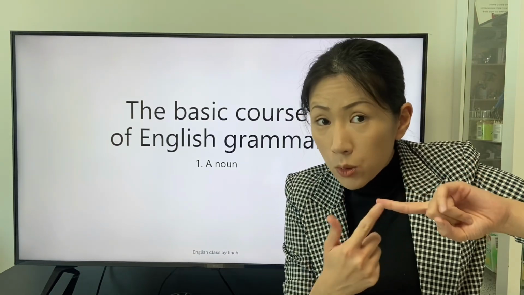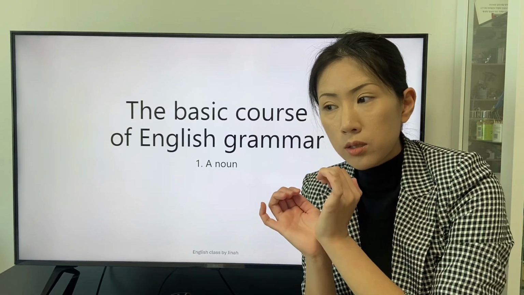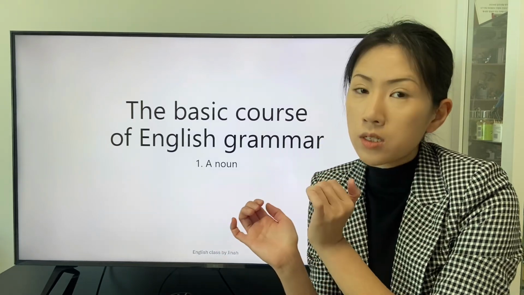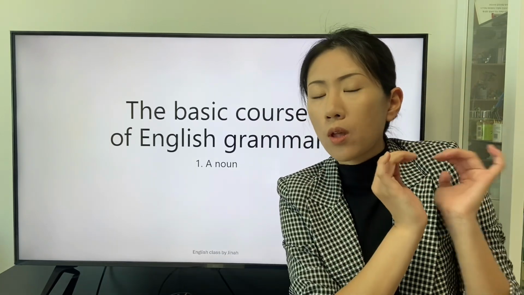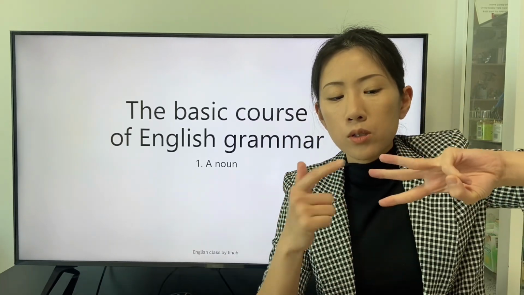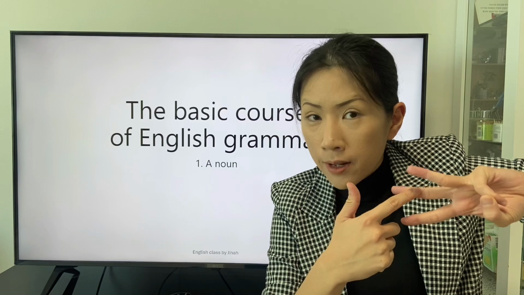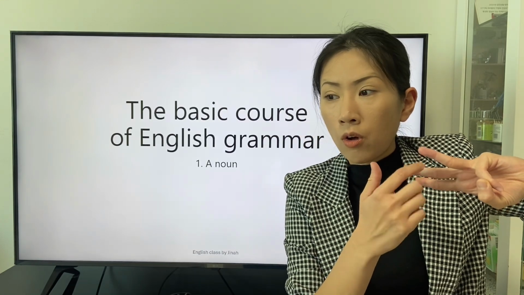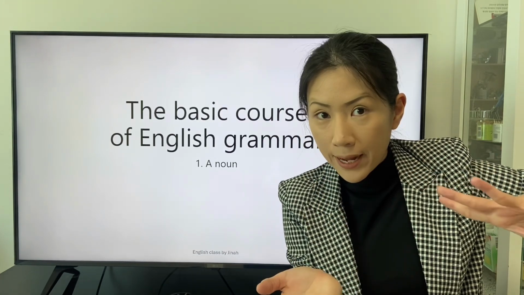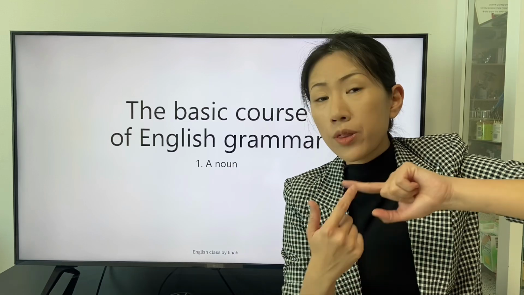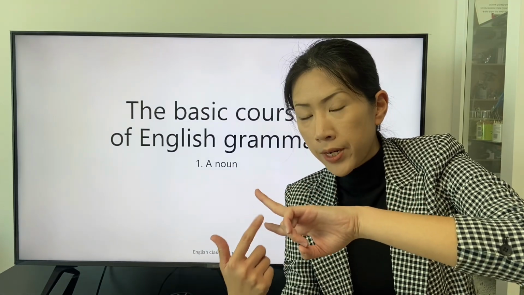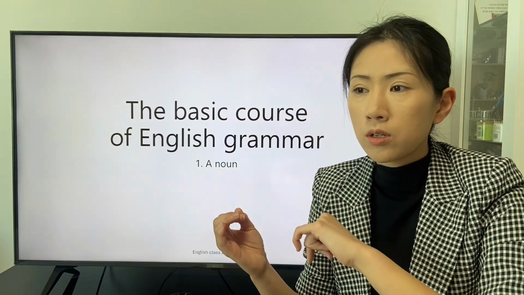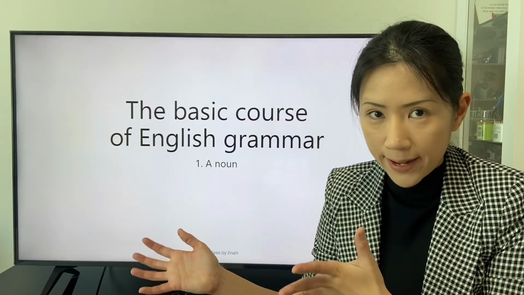With the second question, the criteria of the nouns. With the first question, 2 criteria of nouns are classified. And with the second question, 2 more criteria of nouns are classified.